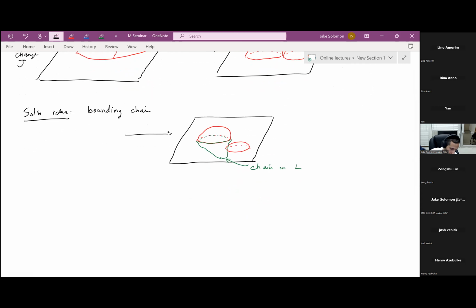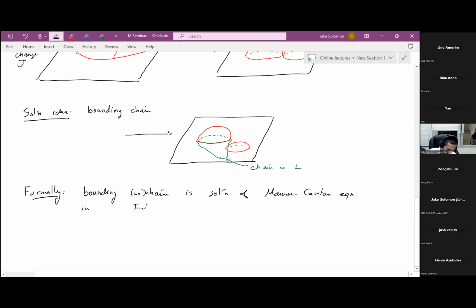Then, formally, you want to look at a bounding cochain, I should say, at this point, which is a solution of the Maurer-Cartan equation in the Fukaya A-infinity algebra of the Lagrangian submanifold.